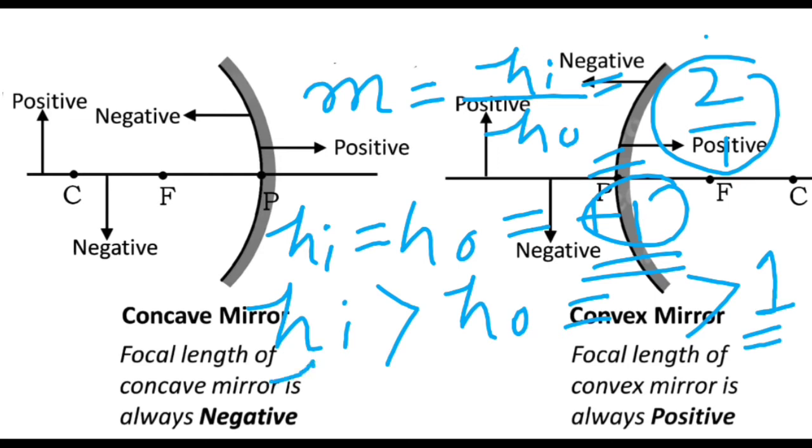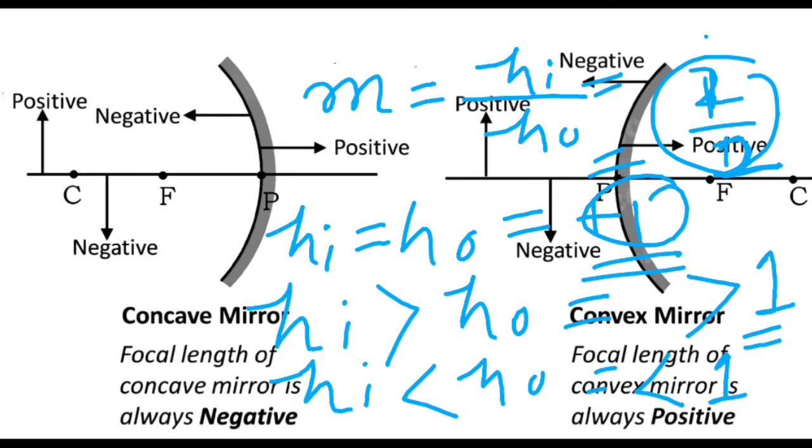When hi is less than ho, we will get a value less than 1, like 1 by 2, suppose. Then the image is smaller as compared to the object. That's why it is less than 1, in decimal form. That means it is diminished.